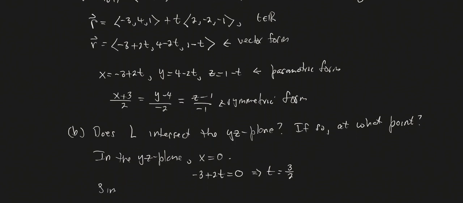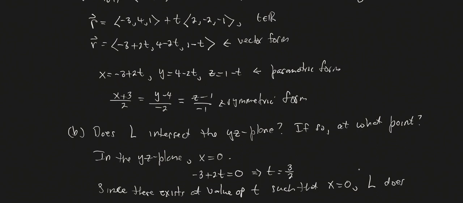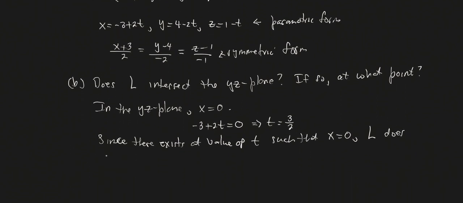So the logic is this: since there exists a value of t such that x is equal to 0, L does intersect the YZ plane. But we don't know the actual point.